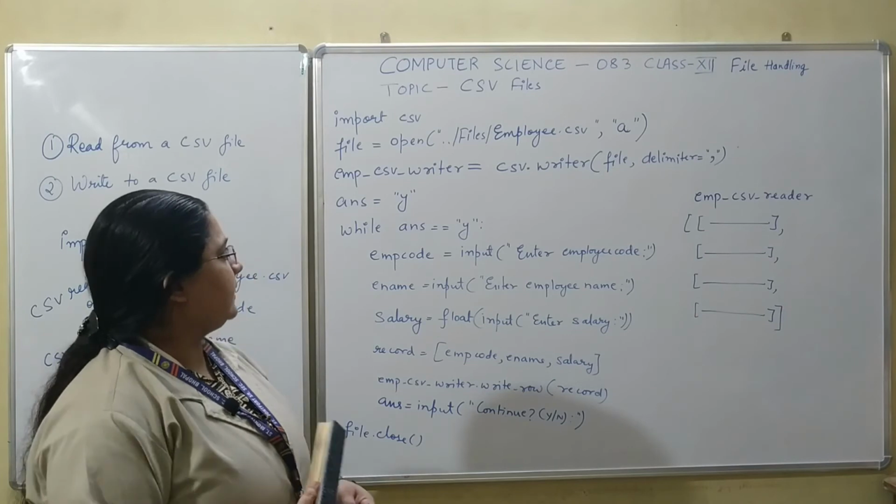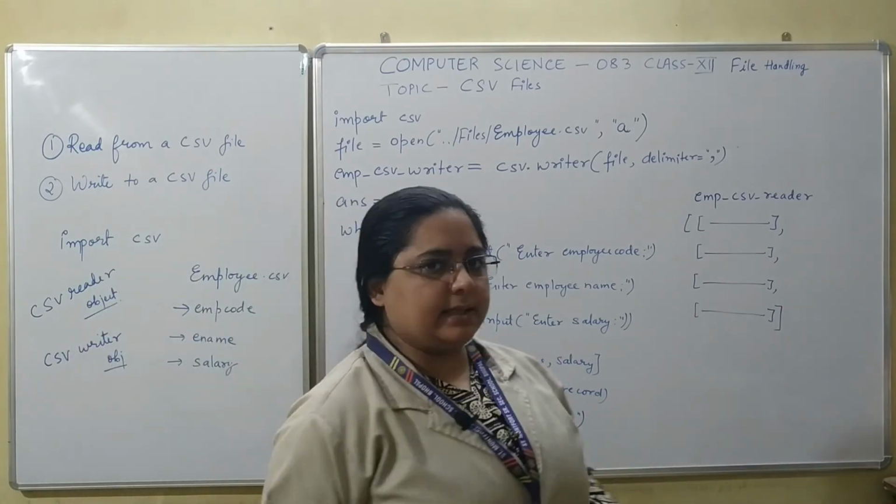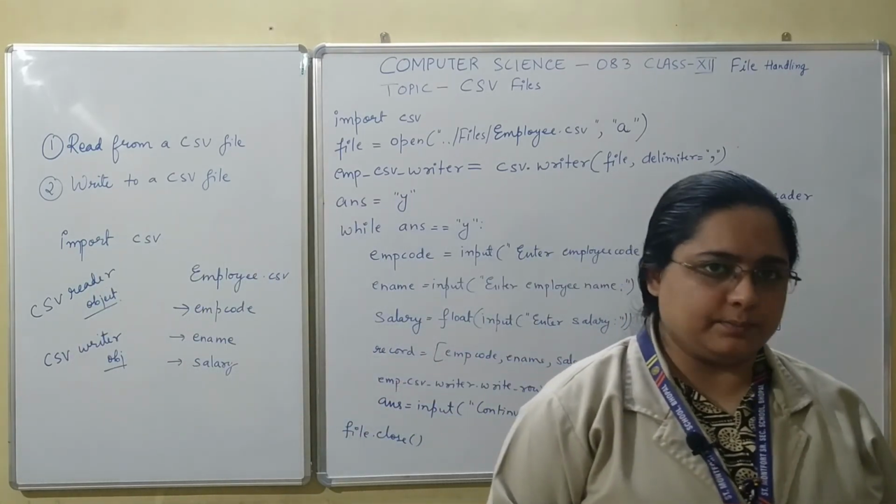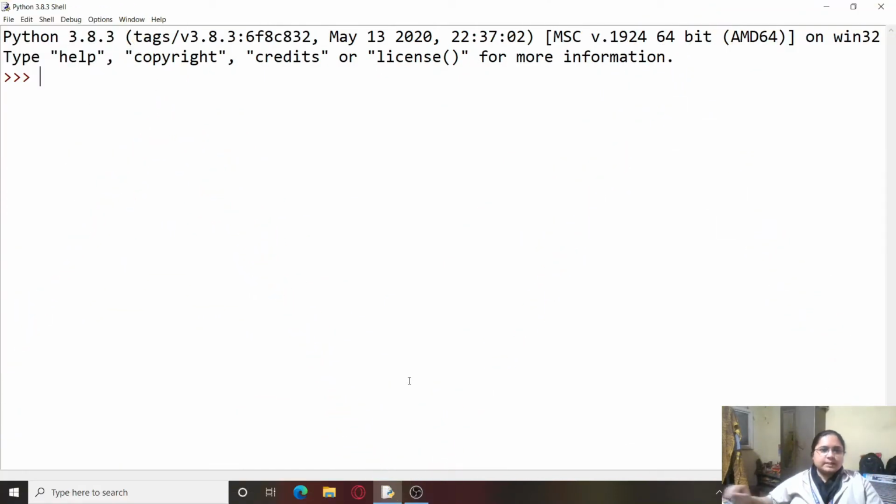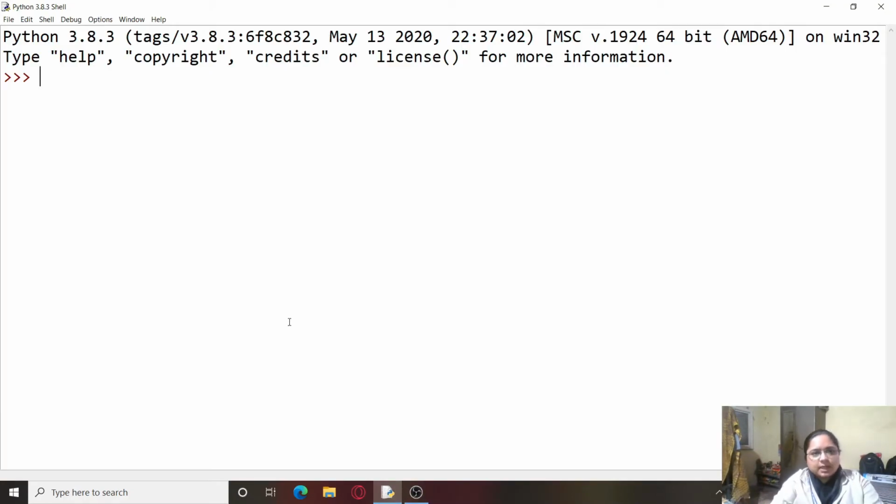For understanding this program better, let us see it on a computer. So let us see an example of how to create a CSV file and how to perform read and write operations on that.